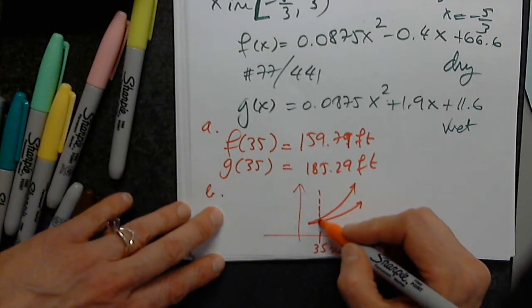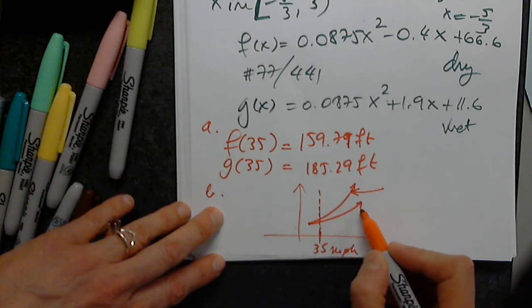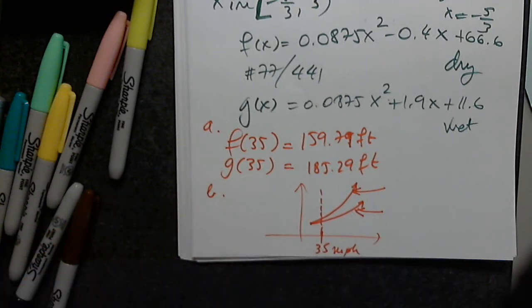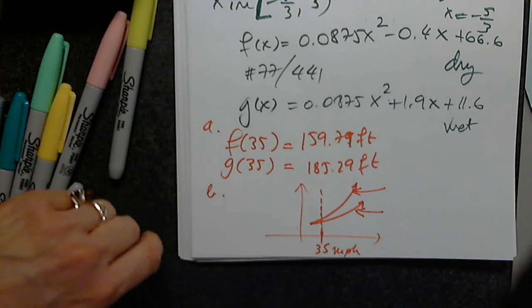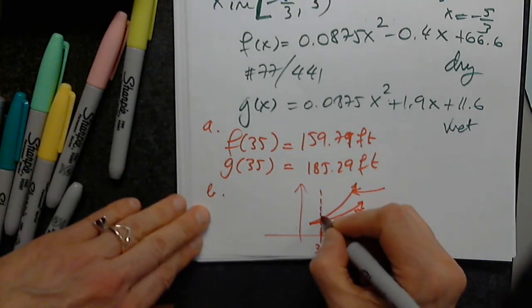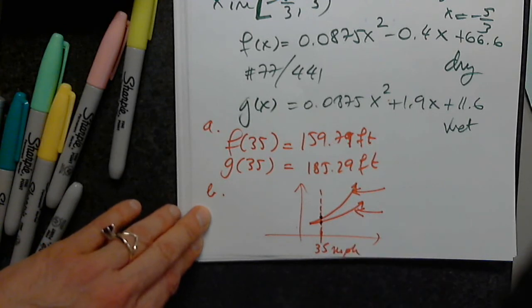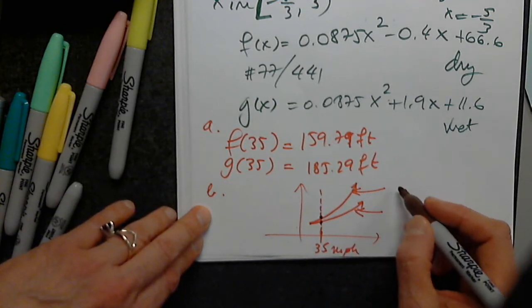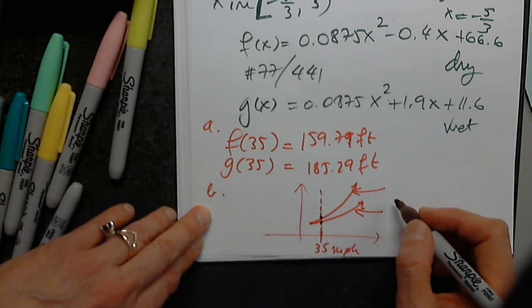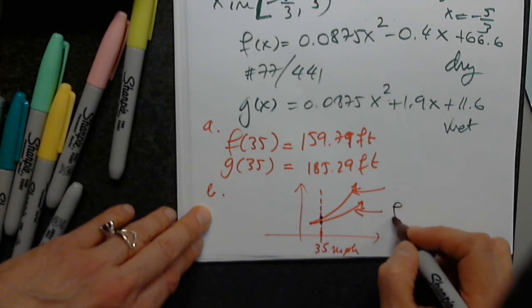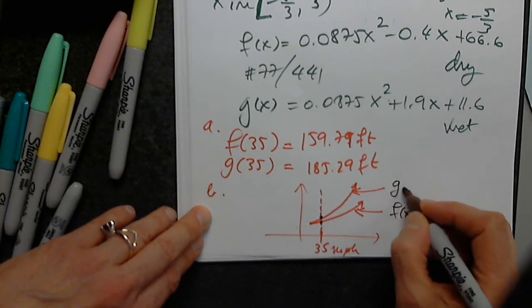So which will be this and which will be this? Which function is the top one? Which function is the bottom one? Bottom one is the f of x, and the top one is g of x.